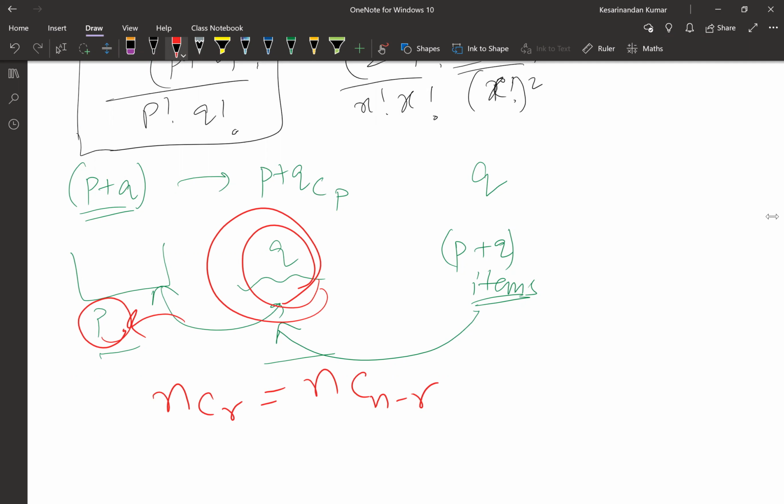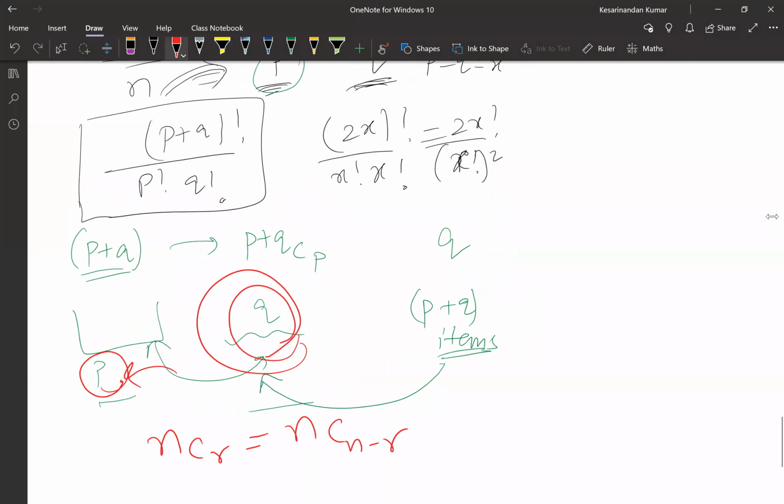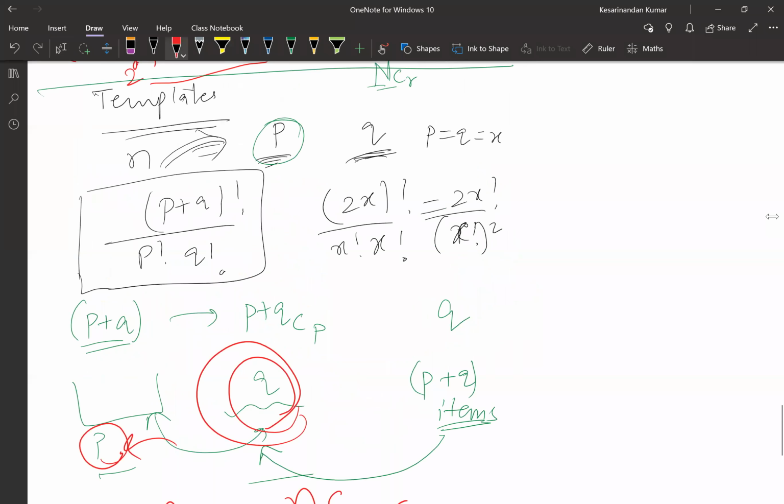I might sound a little confusing. Let me repeat once again. The complete case: n items are given to you. Out of that, you have chosen p and rejected q. So basically what you are doing here is separating them into two different groups.